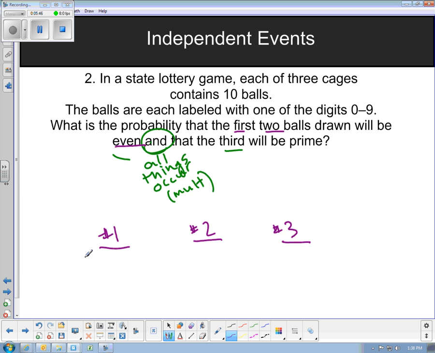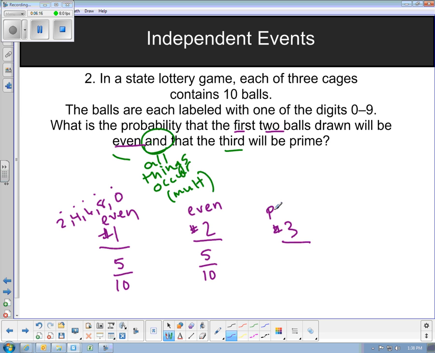So if I think about how many even digits there are, there'd be 2, 4, 6, 8, and in this case we could consider 0 to also be even, because 0 would be on the other side of an odd digit. So there's 1, 2, 3, 4, 5. That means there's 5 out of 10, and that's the same thing. So I wanted this to be even as well, so there's 5 out of 10 there.